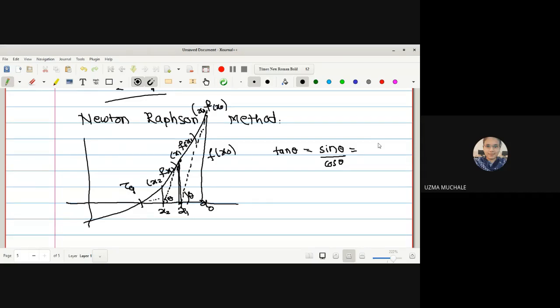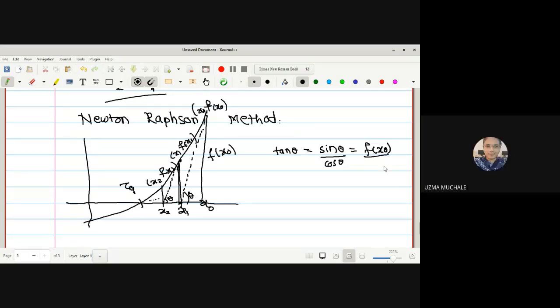What is tan theta? Opposite side upon adjacent side, right? What is the opposite side for tan theta? What is x naught, f of x naught, right?